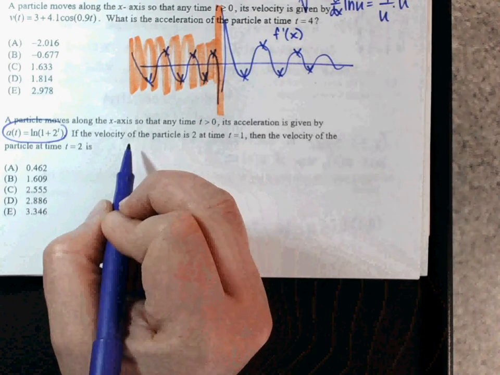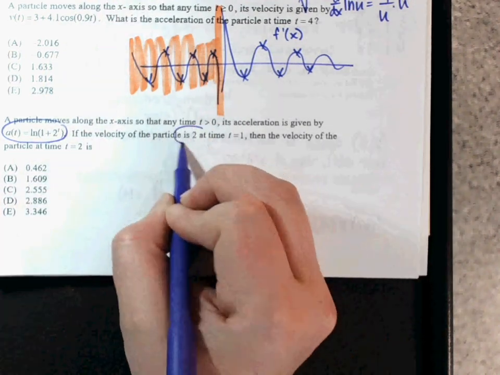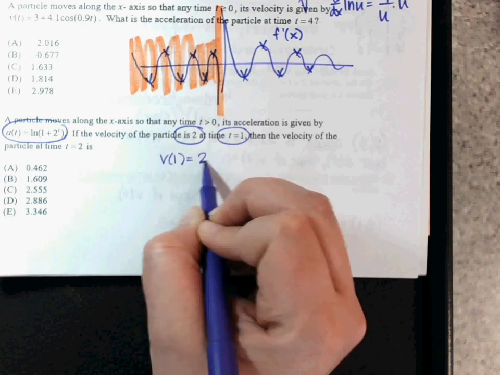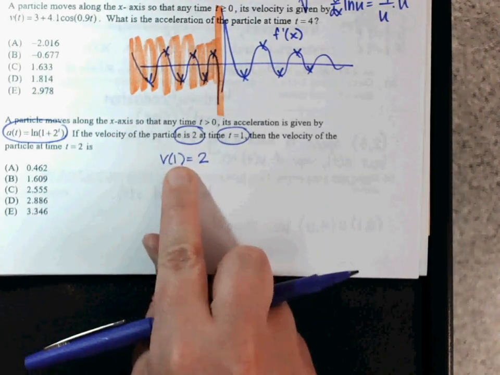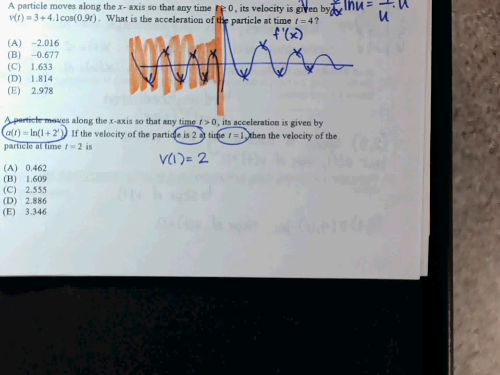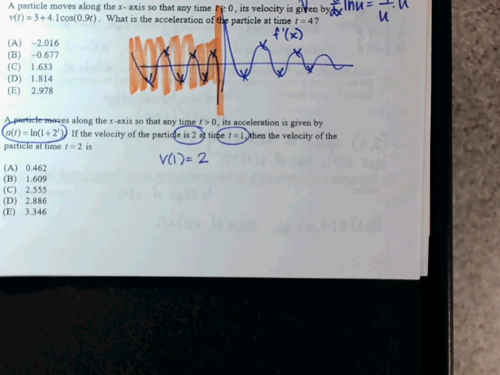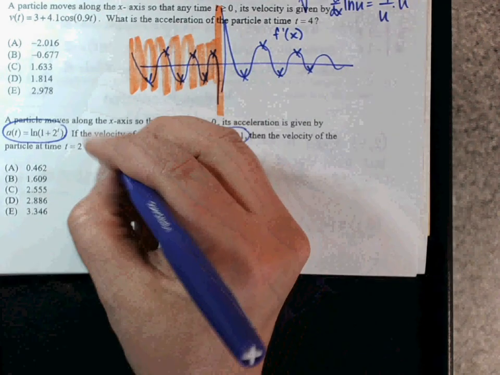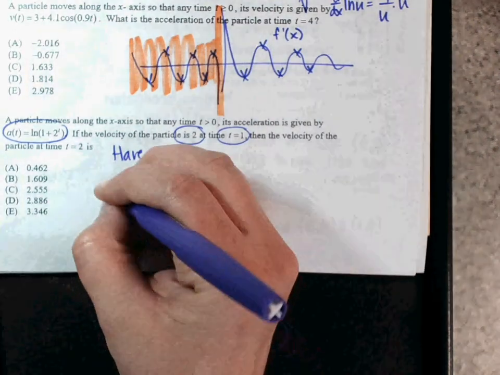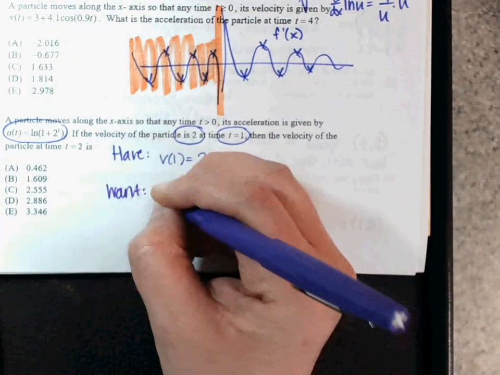Then it says the velocity of the particle is 2 at time 1. Then the velocity of the particle at 2 is, what are they giving us? What I have, what I want. So I have it at 1. I want it at 2.